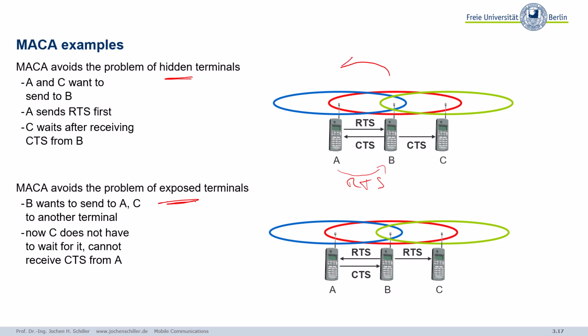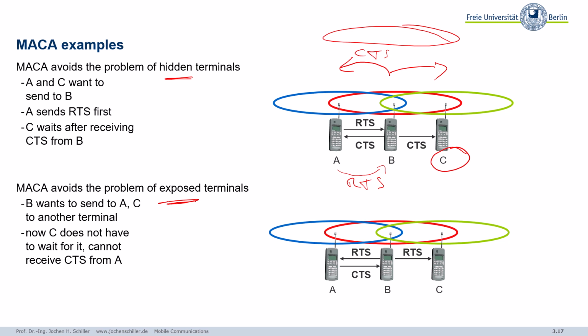receiver B sends back a CTS. Well, what does it mean, sending back? We have this kind of omnidirectional antenna, so we broadcast the CTS. And that means C also receives the CTS. What does C now know?